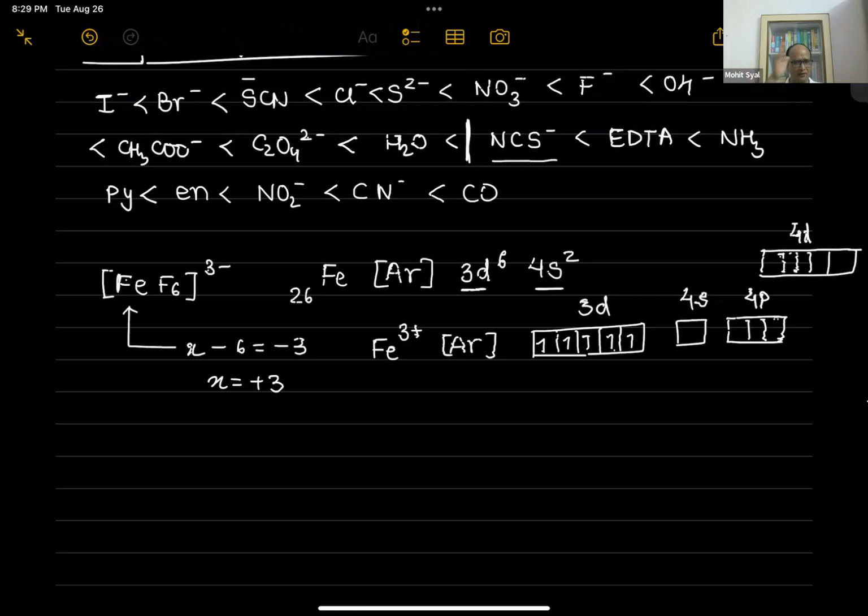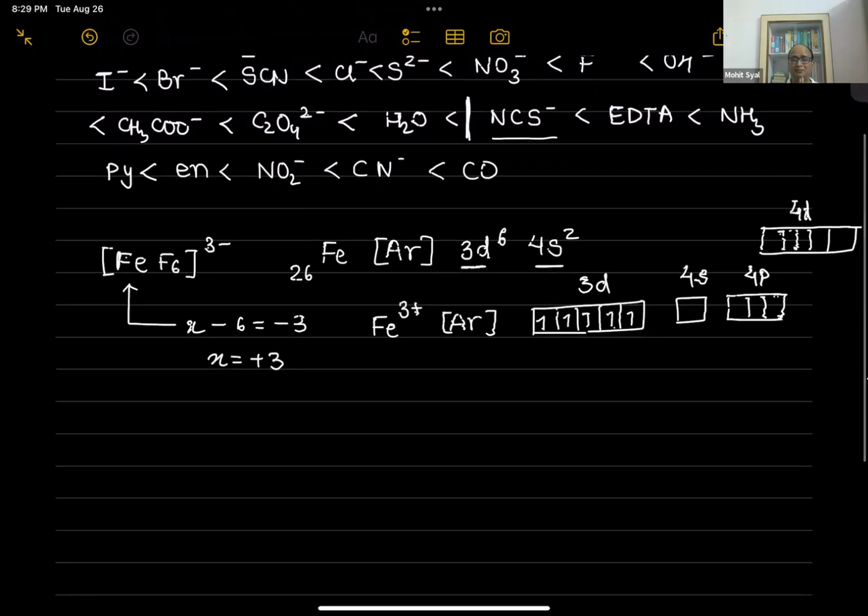Water and before water are weak. F minus is very weak. So a weak ligand will not do the pairing. They will not pair up the unpaired electrons. Got it?